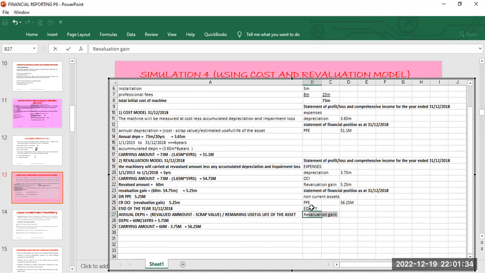Then the last one, we shall have the equity, where we are going to put our revaluation reserve. This is the revaluation reserve, where we have all these figures. And the revaluation reserve is going to be showing this 5.25 million.